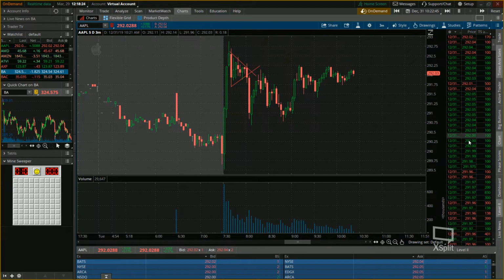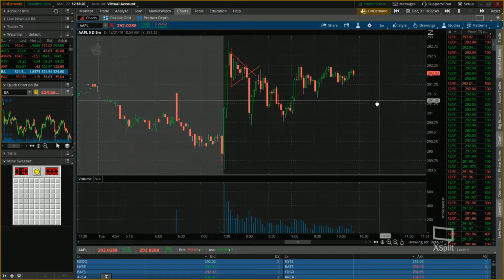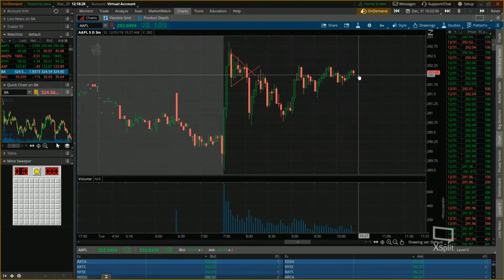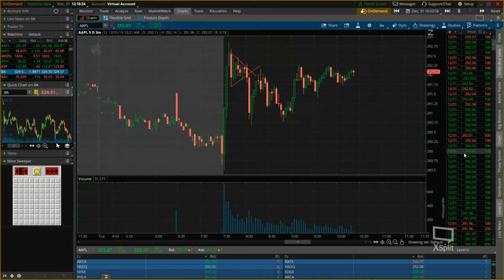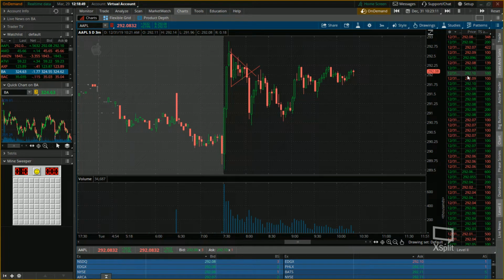As you see here, the green is overtaking the red, so that's why it's coming up right there. And I mean, you can see how the price action is working now that I told you that.